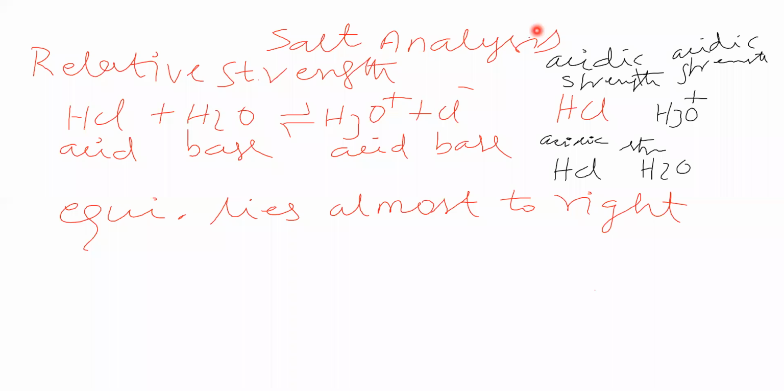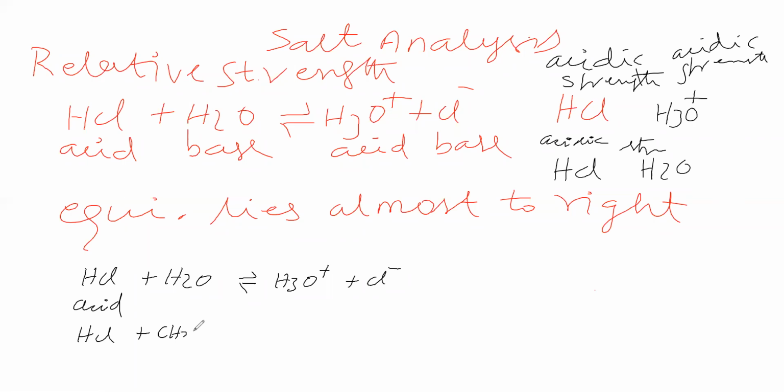Now we'll take HCl and dissolve it in water. We will get H3O plus ions and Cl minus ions. HCl becomes Cl minus by donating H plus, therefore HCl is an acid. Now let us dissolve HCl in acetic acid.